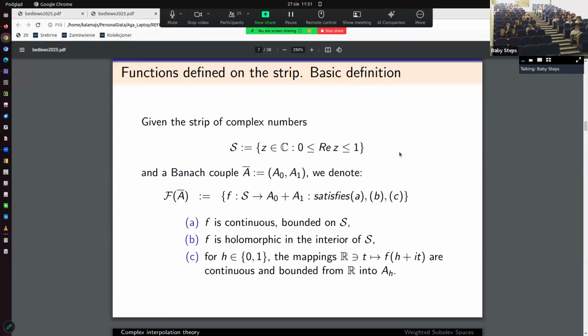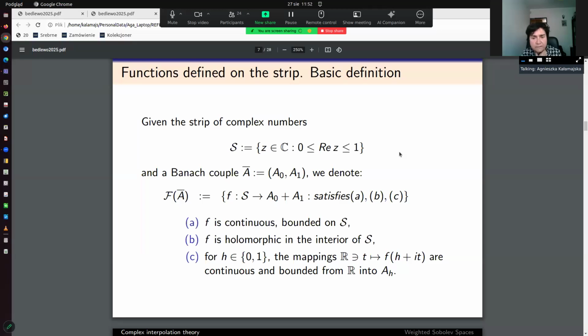I'm wondering whether from conditions B and C it follows condition A, since you are holomorphic in the interior, and also you are continuous and bounded on the boundary from R to A0 and to A1, which are smaller than the sum A0 plus A1. I'm not quite sure about it, but there is one delicate thing.